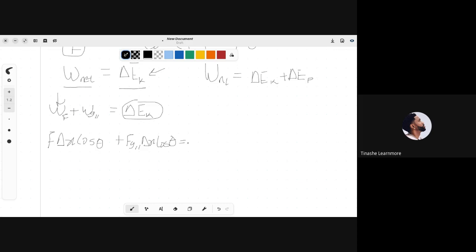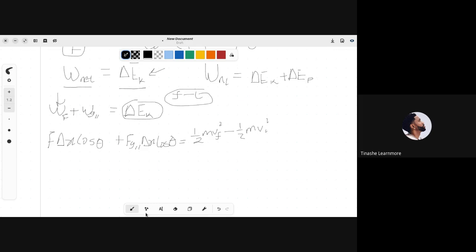This equals a half, and remember this says delta, so it's final minus initial: the final kinetic energy minus the initial kinetic energy. So half m v f squared minus half m v i squared.